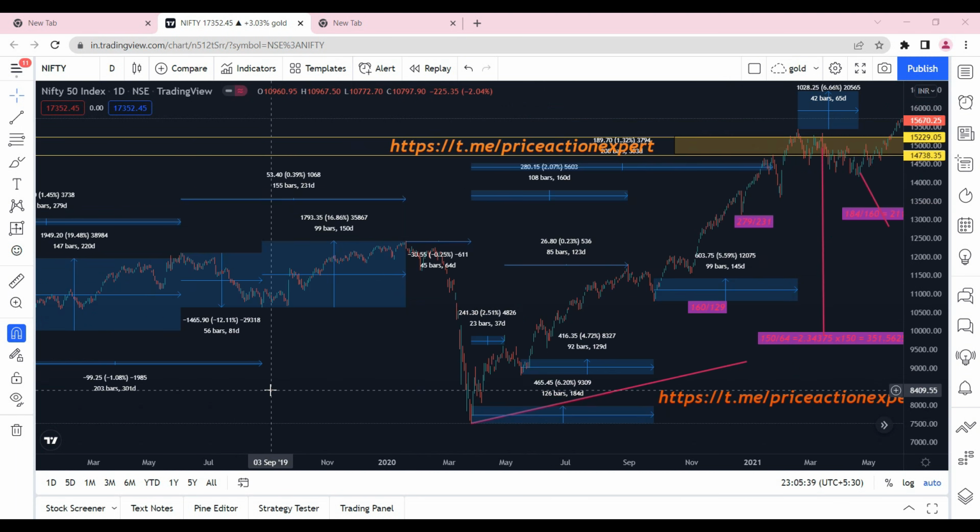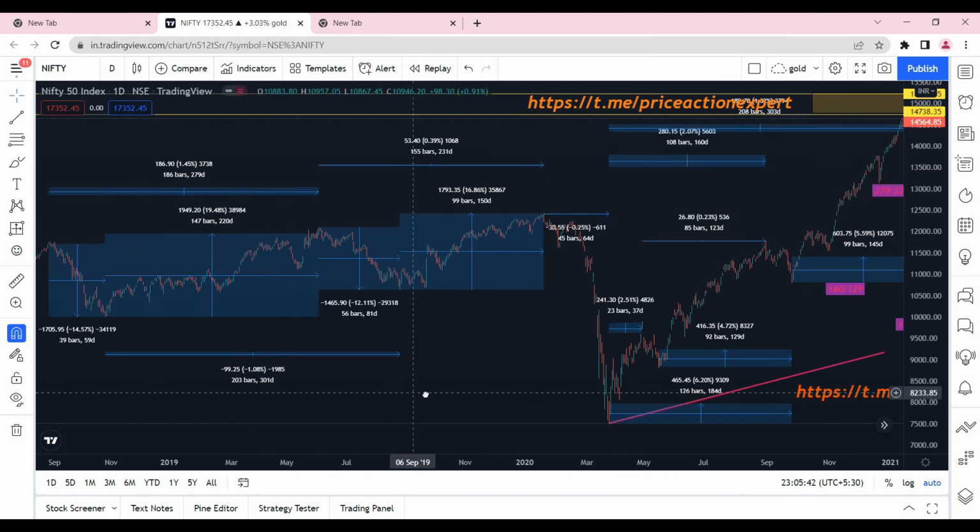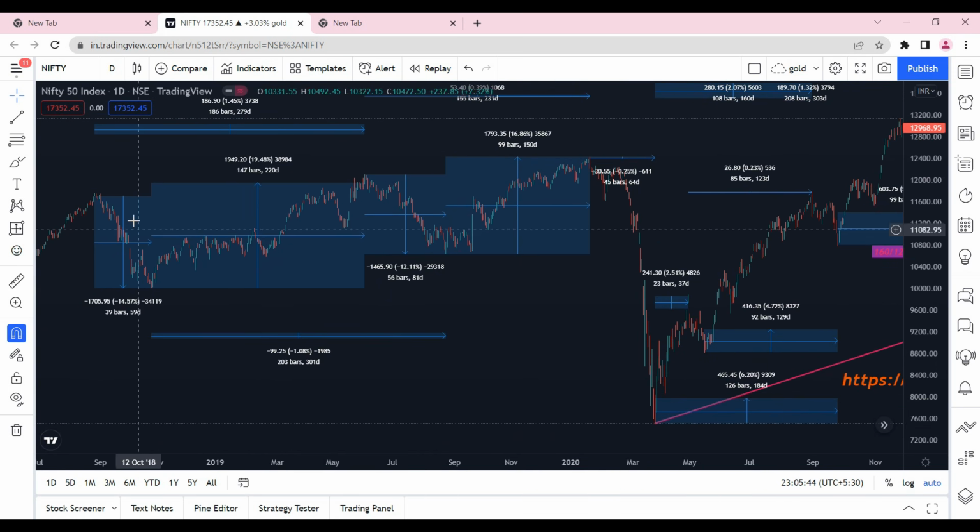Okay, first the ratio and proportions. How I'm going to use it is, you can see this high here, from this high to this high, it's actually 279 calendar days. What I'm going to show you in this video is all about calendar days only, so ignore these bars etc. It works, but you will have to test it actually.